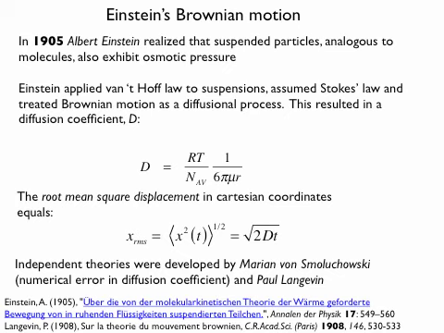And what he found is that in one dimension, so if you look under a microscope and you see things going in an XY plane, and you only monitor how much they move in the X direction, you could see the root mean square displacement of these things over time.